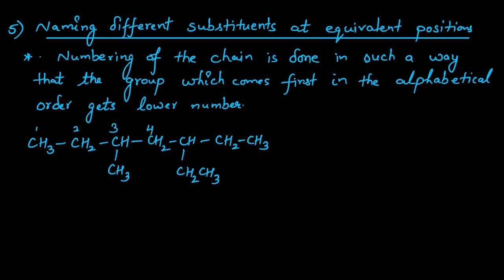Now suppose this is our longest carbon chain of 7 atoms. So we have methyl at the third carbon, if we have decided to number it in such a way, and ethyl at the fifth carbon.